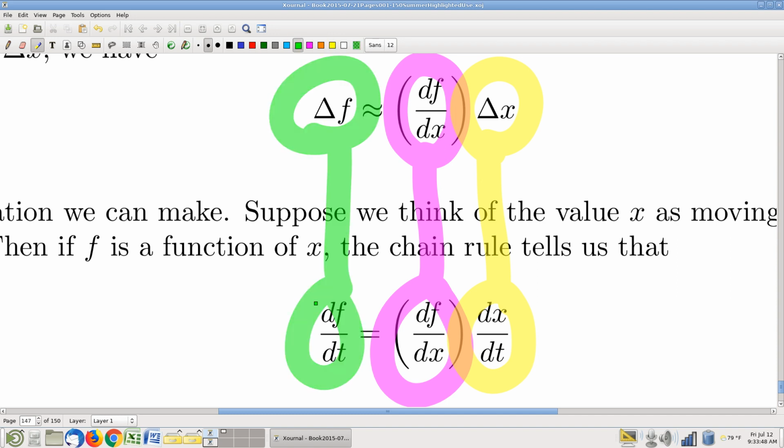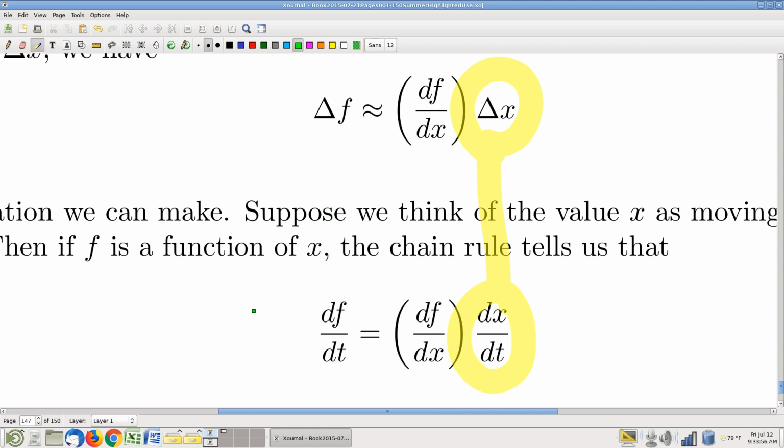Right? And this is the point of view that I want to take going forward. This is how I want you all to think about derivatives. It's a relationship between input changes and output changes. Sure, sometimes the changes we're talking about are discrete, finite changes, increments, right? Sometimes they are instantaneous rates of change, but in both cases they're change.